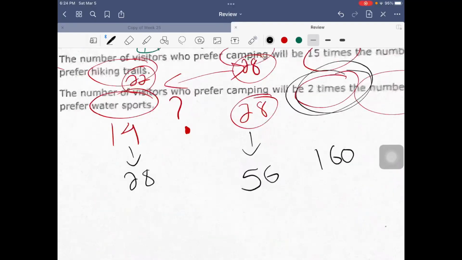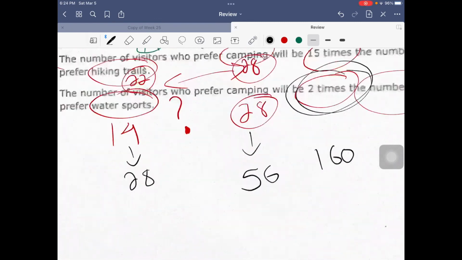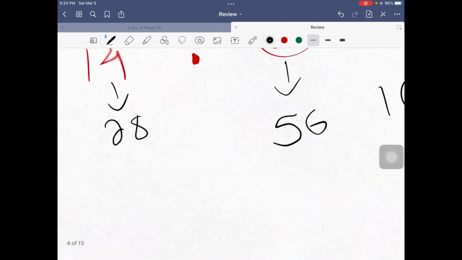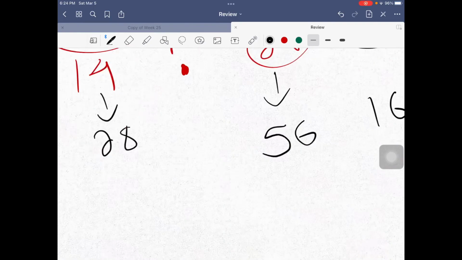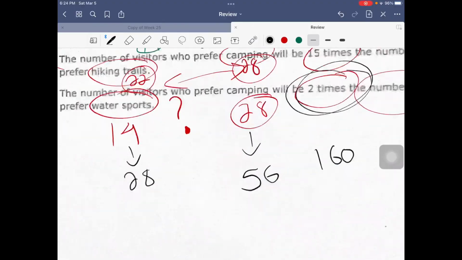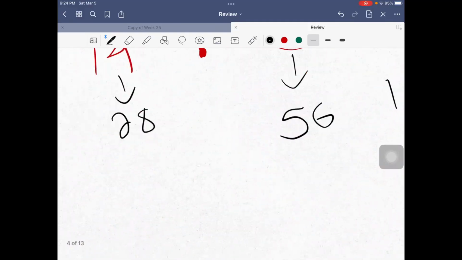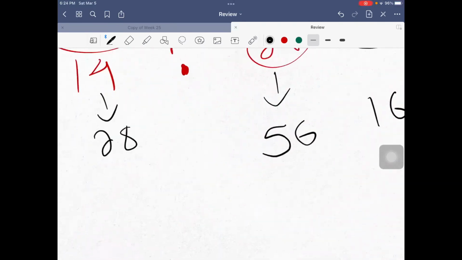And letter B, for there to be exactly 8 more than, it needs to be exactly a difference of 8. There needs to be exactly a difference of 8. So no. Because there needs to be just one difference of 8, it's very hard to do. 22, 14, let's say 56 and 48.